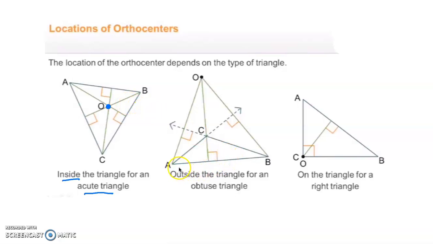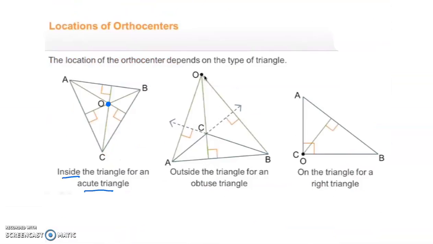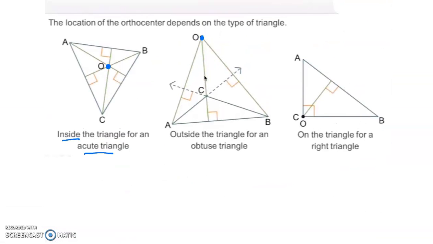If it is an obtuse triangle, like this triangle ABC here, the orthocenter is actually outside the triangle, because if we draw a perpendicular line going to A, the altitude from B is outside the triangle, and the same with this one.